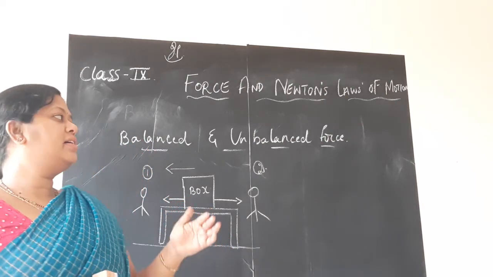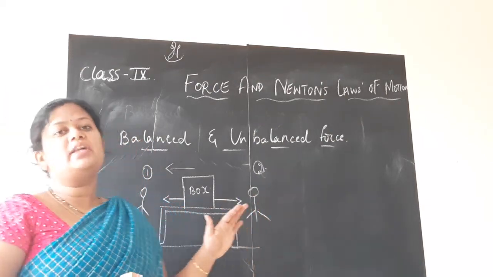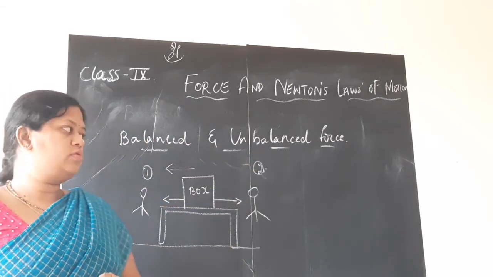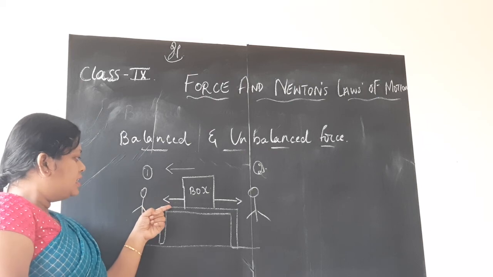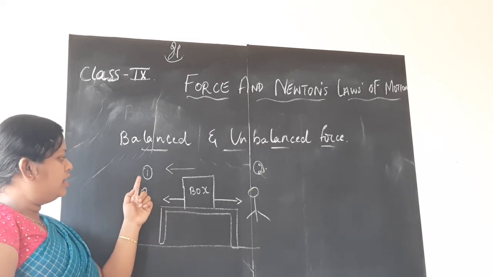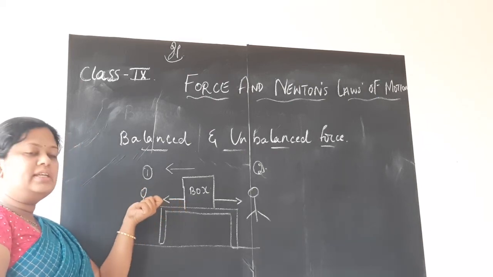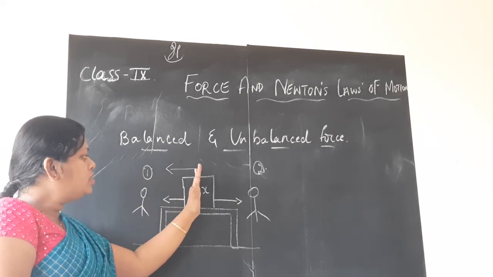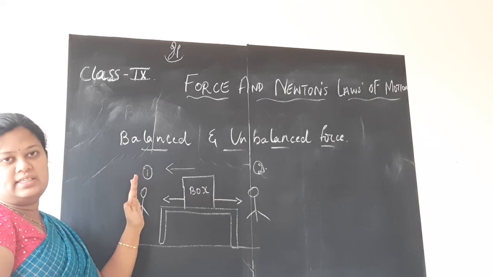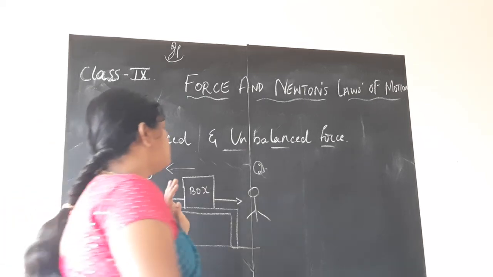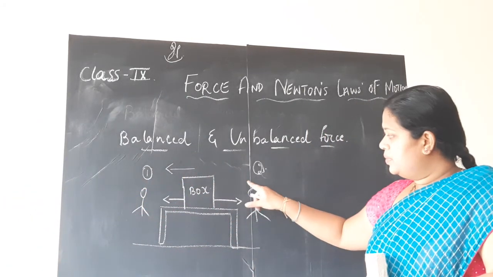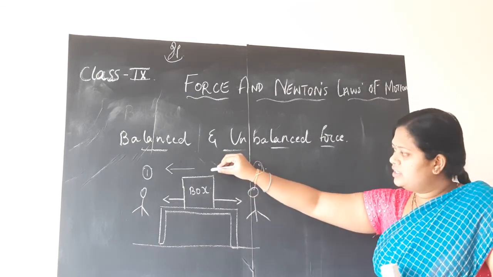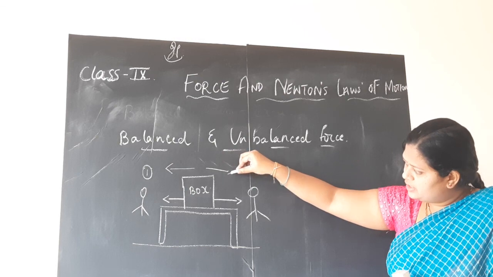So with all this background, children, let us study this example in order to understand the concept of balanced and unbalanced forces. Now, person 1 standing here is pulling the thread. When he pulls the thread, the box will start moving towards his side. Now person 2 will start pulling the thread towards his direction.